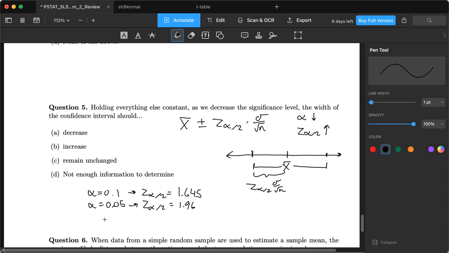And I don't remember what it is if it goes further, but it continues this trend. So significance goes down, z goes up, which means that the interval would get wider because z is getting bigger. So this quantity here is getting bigger. So the width of the confidence interval should increase.